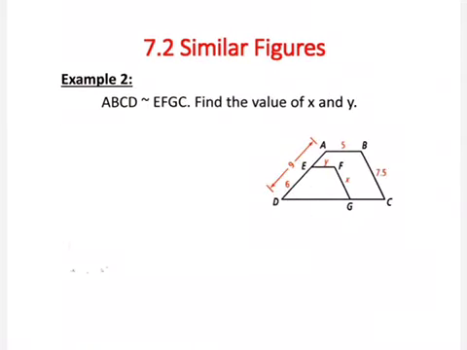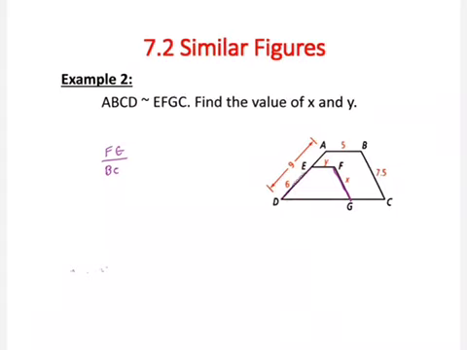Here they're telling us the two shapes are similar and they want us to find the values of x and y. So if we look here, x is side FG, and because they're similar, we should know that FG over its corresponding side in the other shape, BC, should equal the ratio of any of the other corresponding sides.